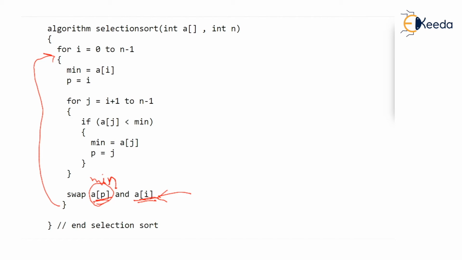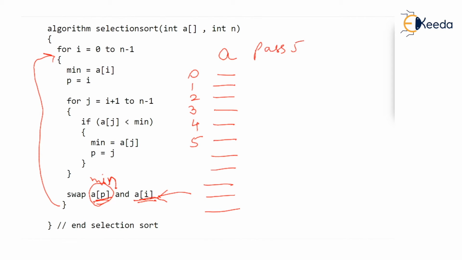Just check. If we have an array of some elements, don't even care about the values here. Okay, a big array we have. And just imagine at the moment pass 5 is going on. Pass 5 means we are going to find the minimum from fifth place to the last place, n minus 1th place, isn't it? So we will assume this is the minimum.